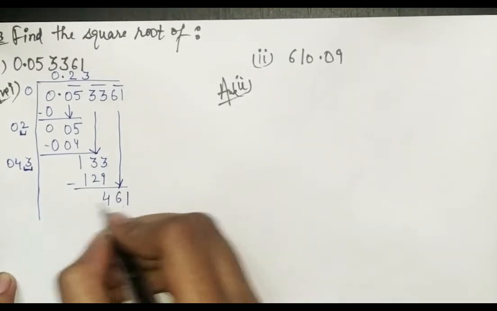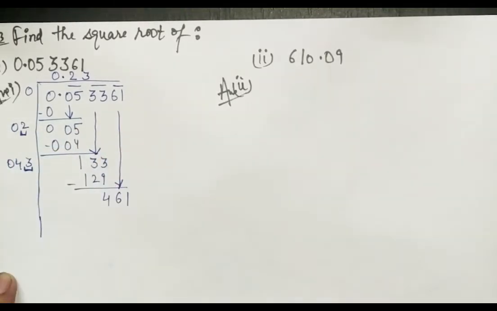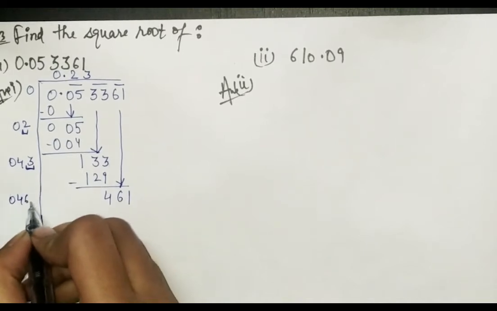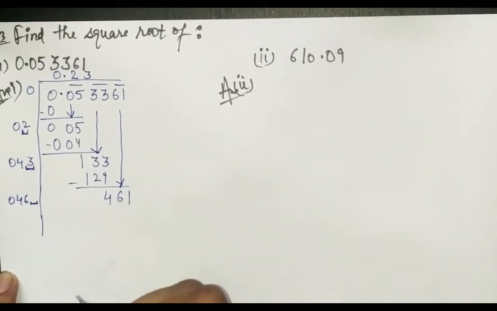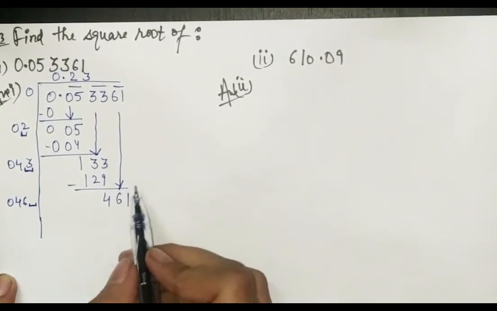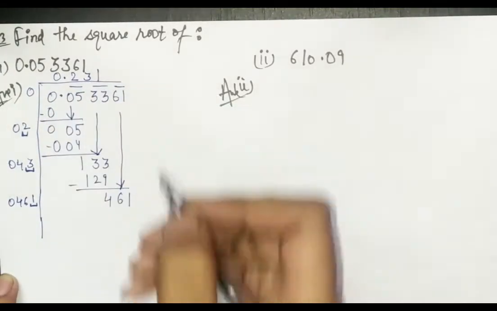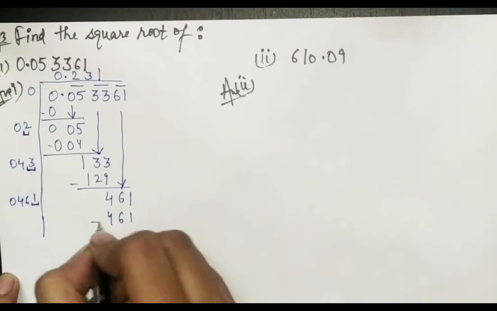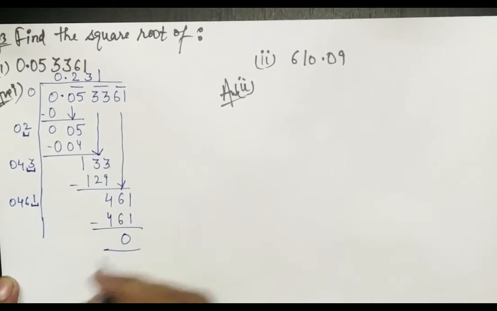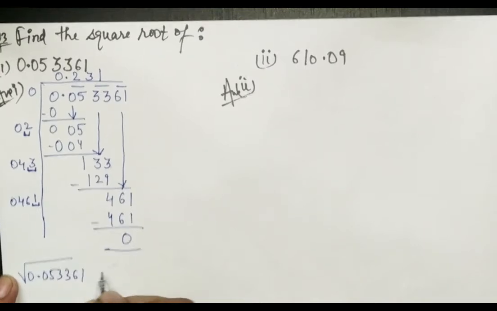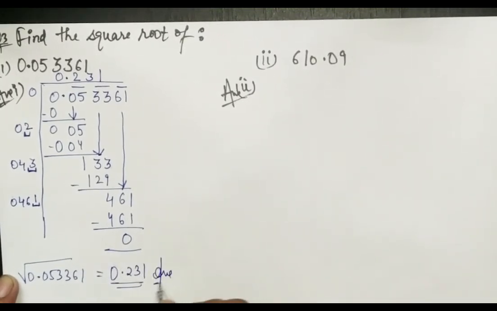Now you all know that the double of 23 is 46. Now we want one number so that this will be completely divisible. Now you all know that we want only 1. So we will be writing 1 here, and here also 1. So 461, that is 0. So the square root of 0.053361 is 0.231. So I think this much is clear to you.